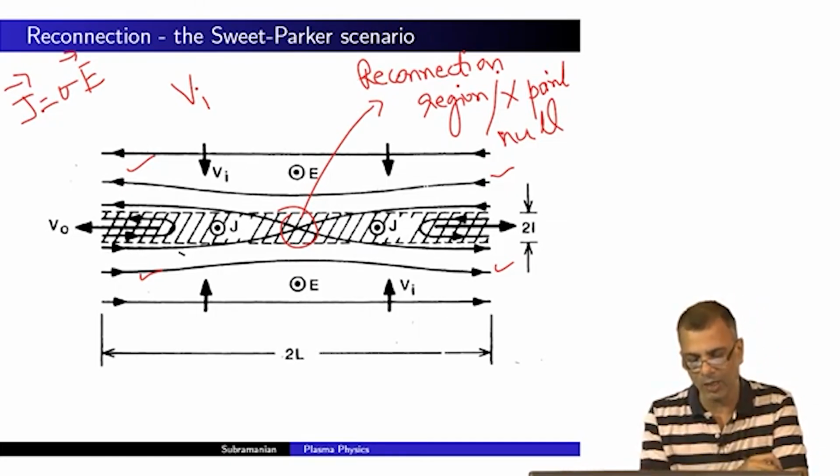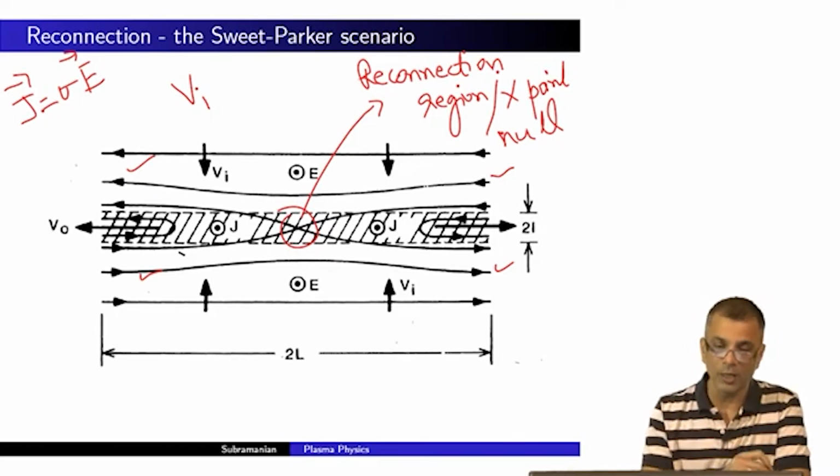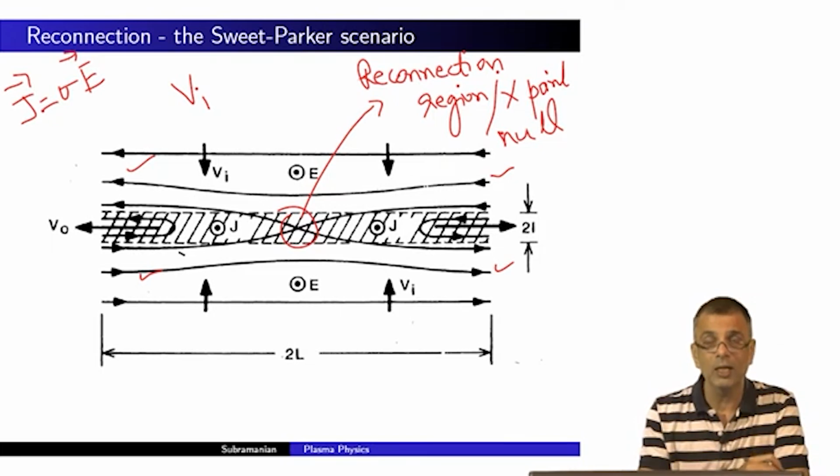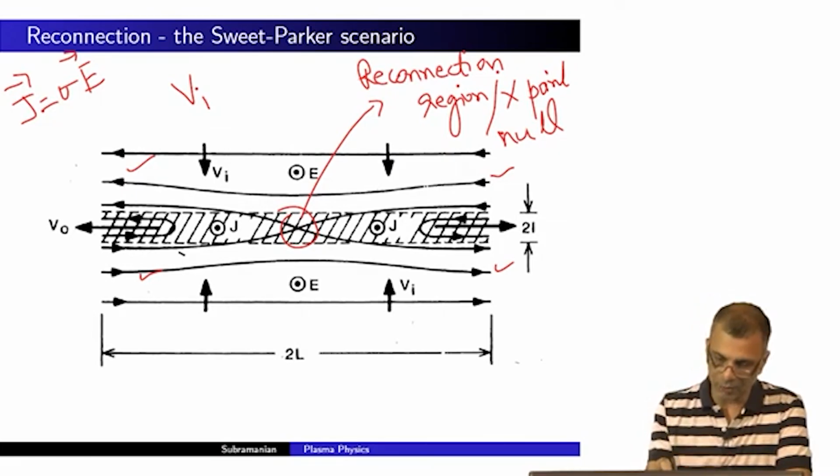And so you remember, the whole point of ideal MHD was that the sigma was infinite. Therefore, there was no way you could have any electric field in the bulk fluid. In ideal MHD, there is no scope for an electric field. Whereas here, at least in this very local region, you have the appearance of an electric field.